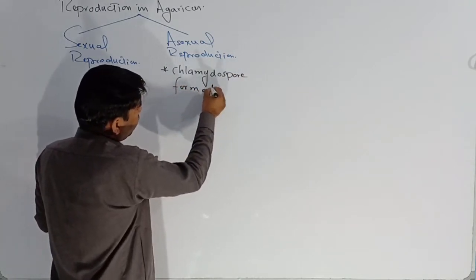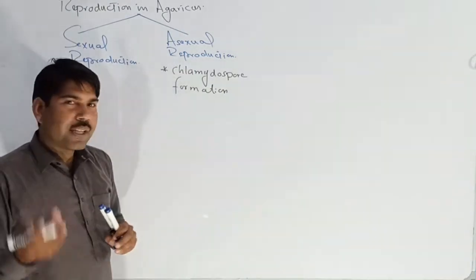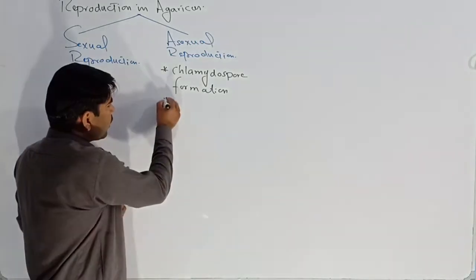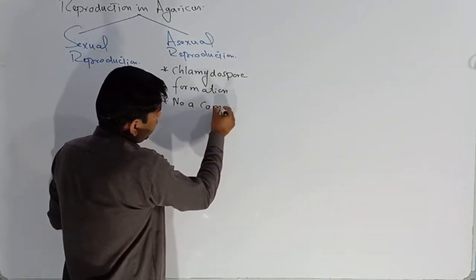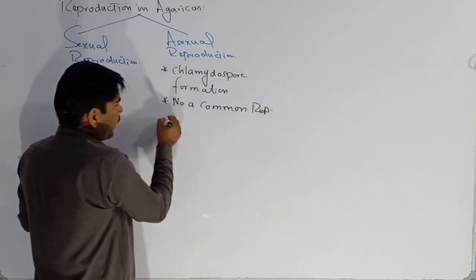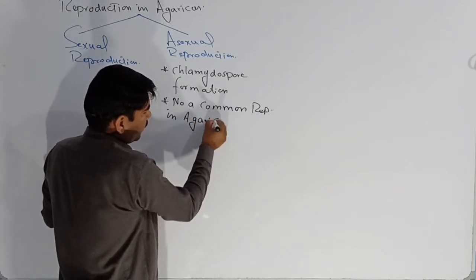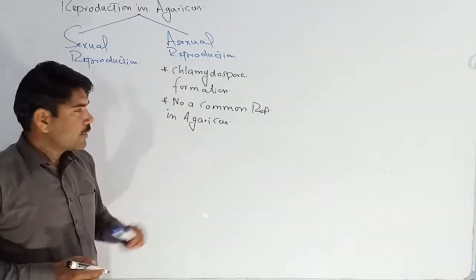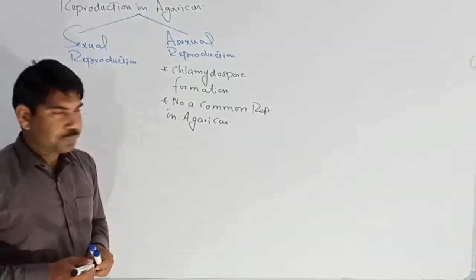It means chlamydospores are formed and these chlamydospores are involved in the asexual reproduction. But it is not a common reproduction in Agaricus.